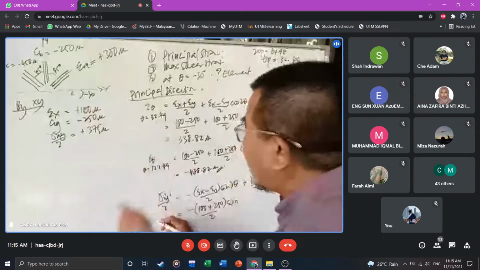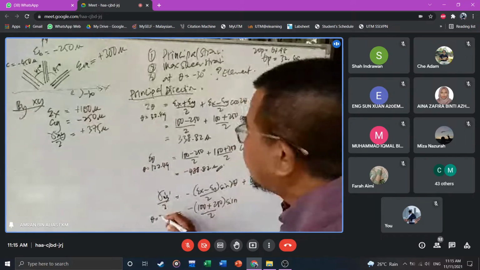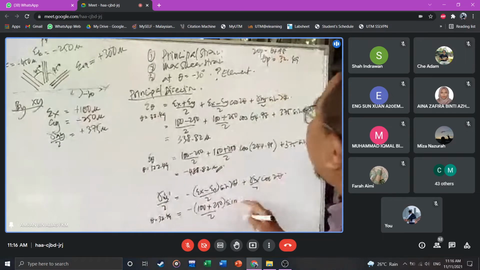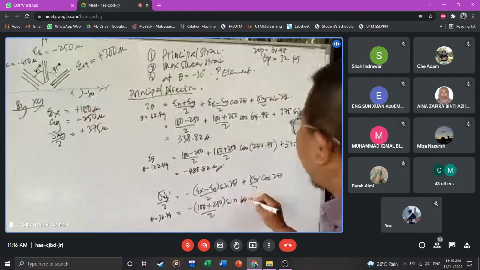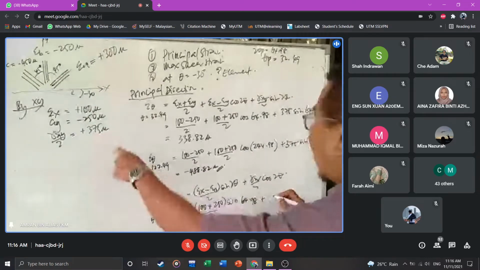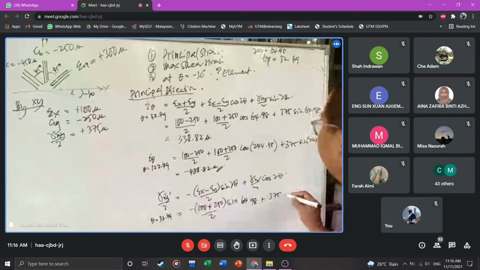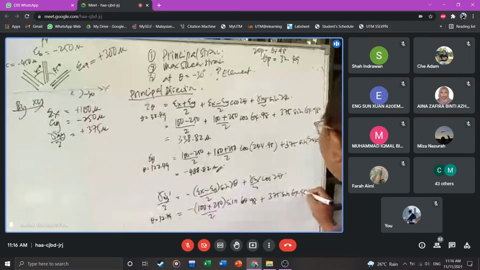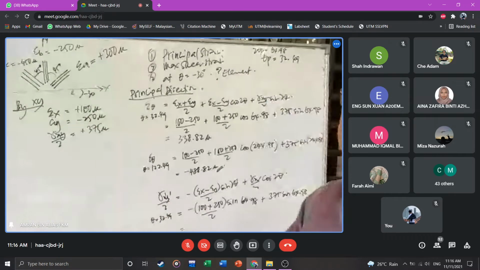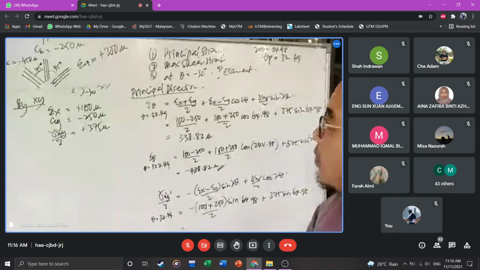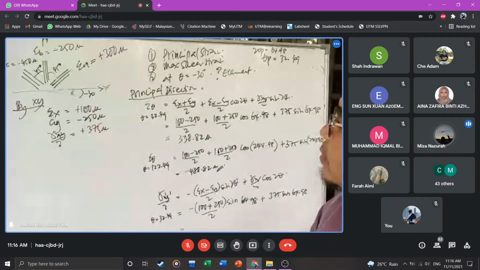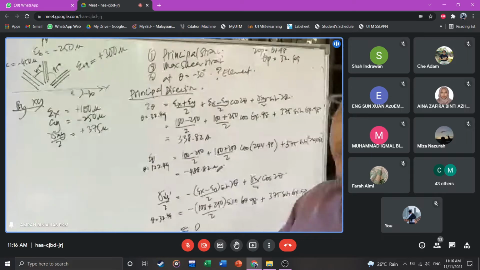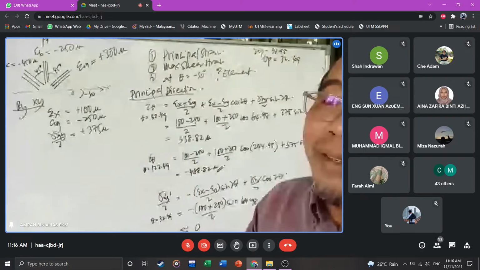Theta, go back to the original one, is 32.49, so 2 theta is 64.98, plus gamma XY 375 sine 64.98. So what is the value there? 0.0220, okay, 0. Confirmed. That means our calculation is correct.